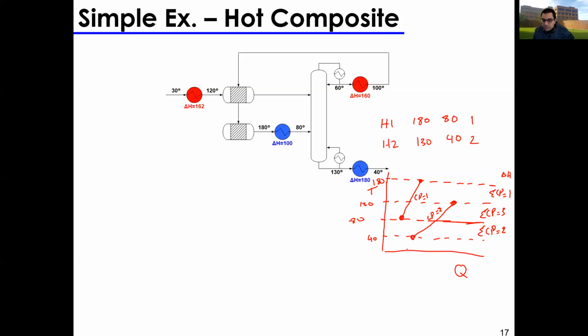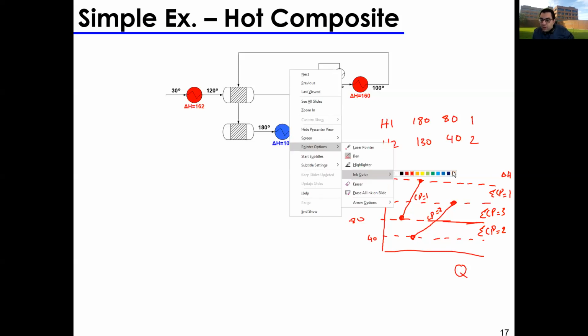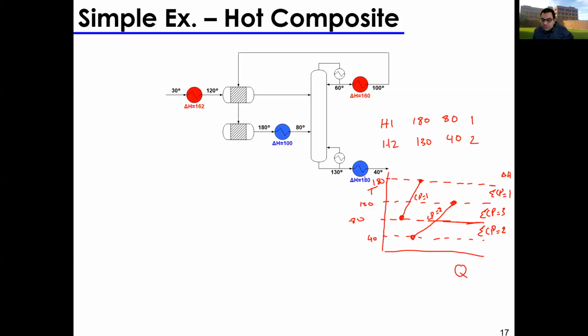So once I'm done with this, I need to reconnect these, or basically combine these lines into one line, which will be my overall composite curve. So let's start here. In this region, I need to draw a line with a slope of 2, so I just draw a line with a slope of 2. In this interval, I need to draw a line with a slope of 3, so I'm just going to draw a line with a slope of 3.